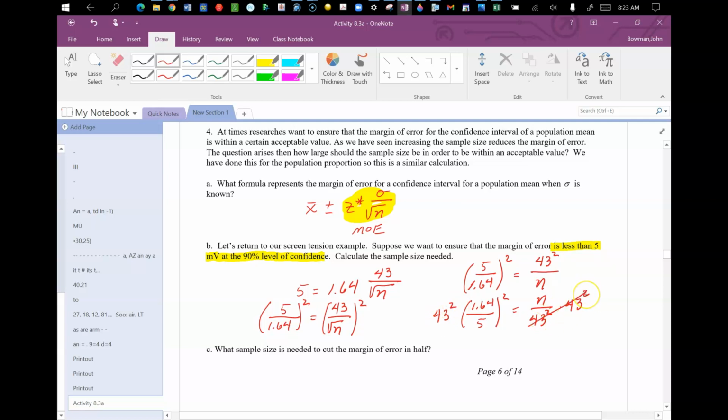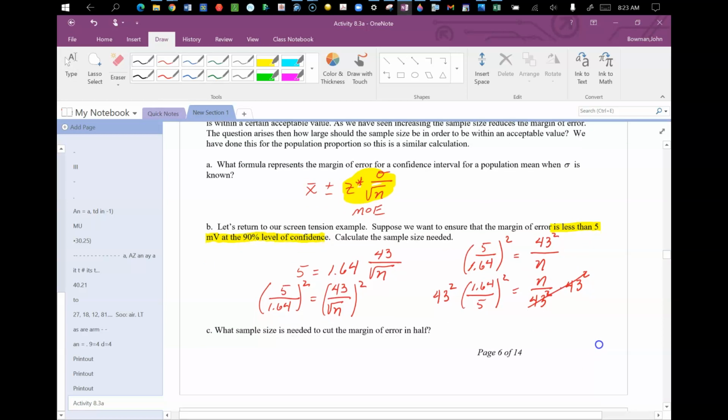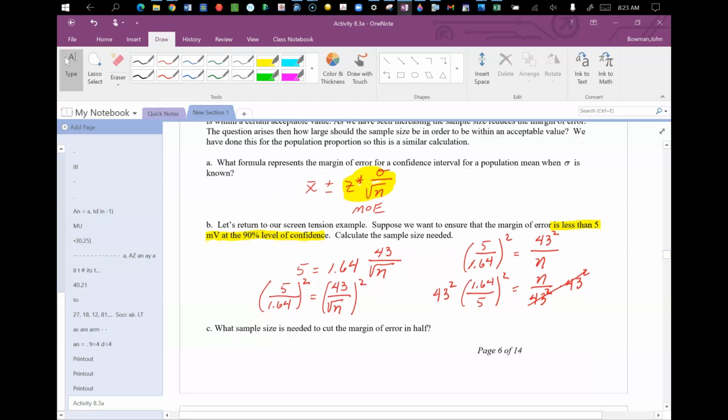Now, you can go about solving this however you like, but make sure you show your work and make sure you check your answer. So when you do this, you get an answer of approximately 198.9. So round that up to 199, and that will give you your correct answer.